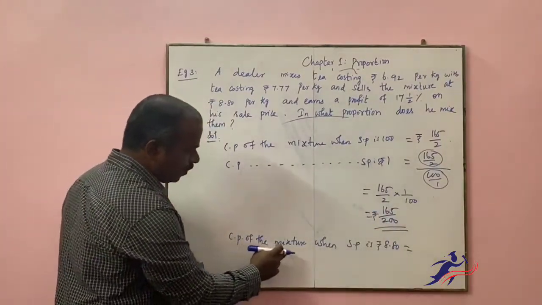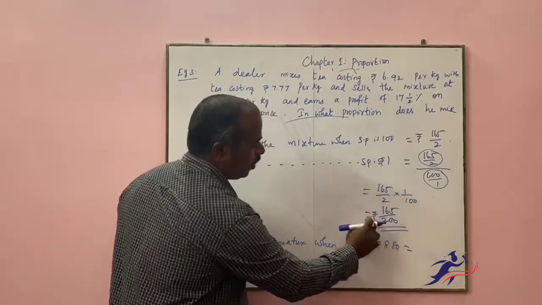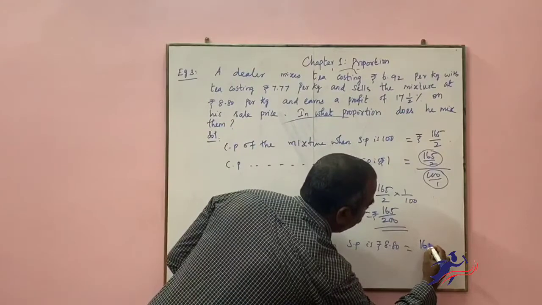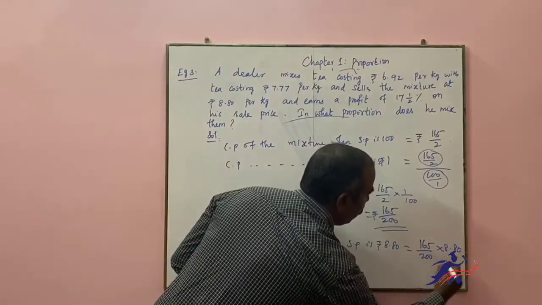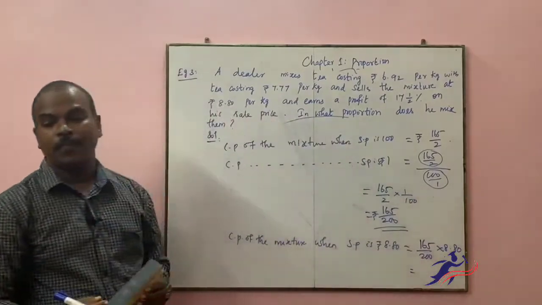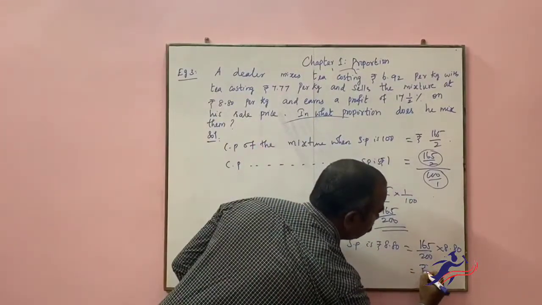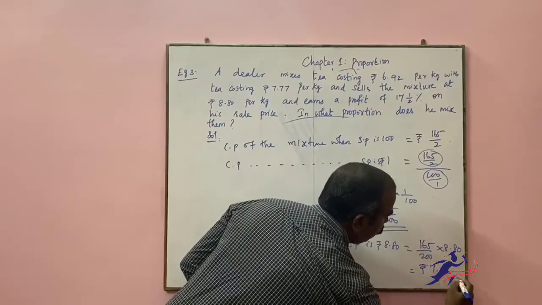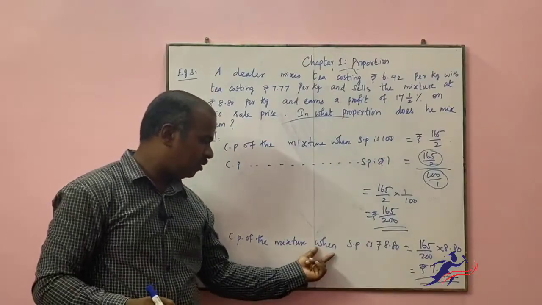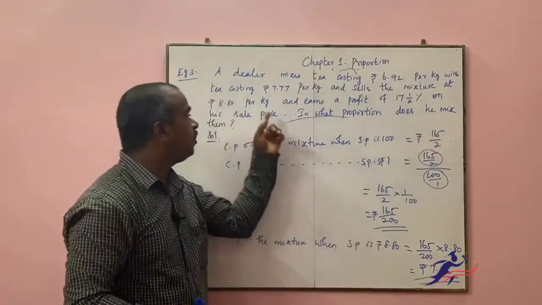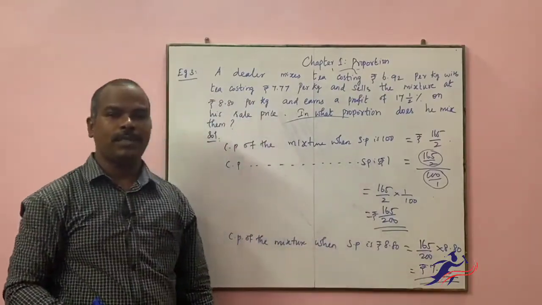Therefore, when the selling price is 8.80, it is 165/200 into 8.80, so we get 7.26 rupees. That is the cost price of the mixture.